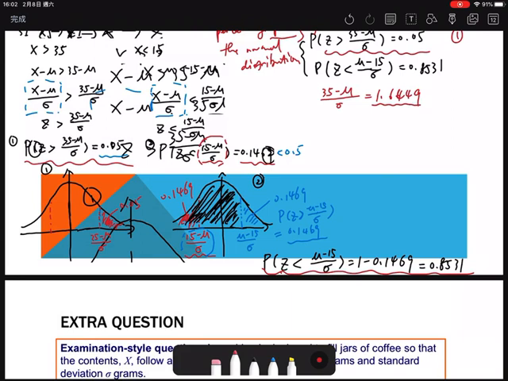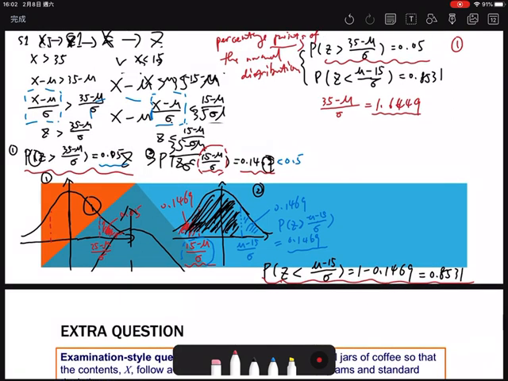It should be 1.6449. And for equation 2, correspondingly we can find the value of mu minus 15 over sigma should be 1.05.